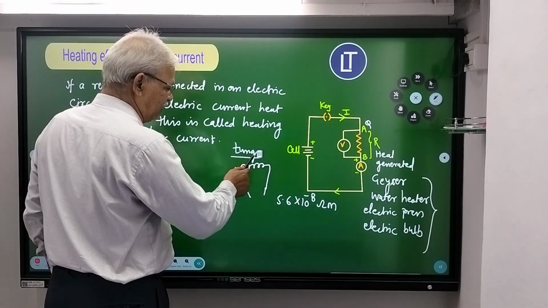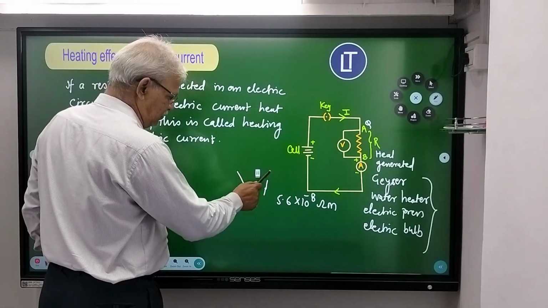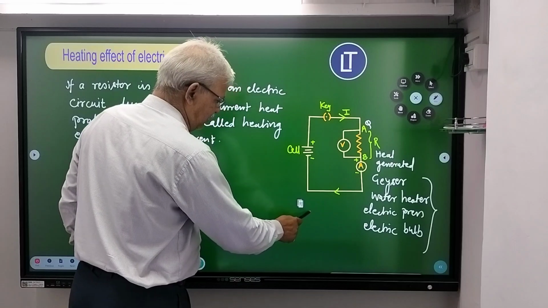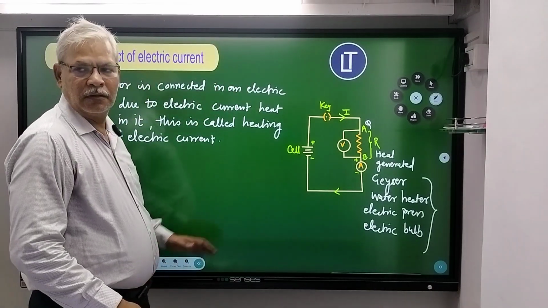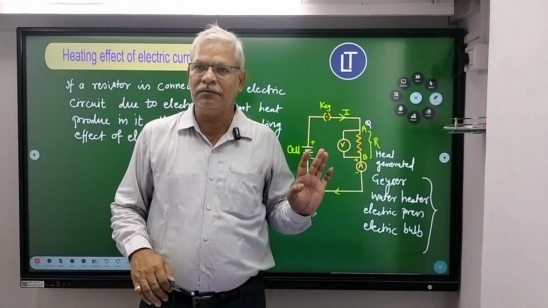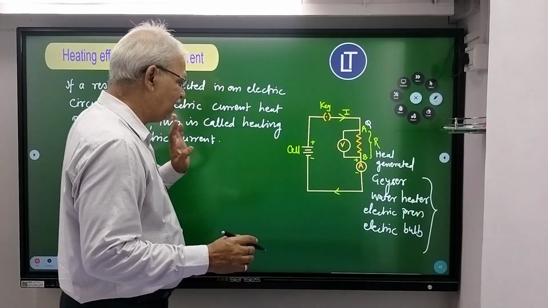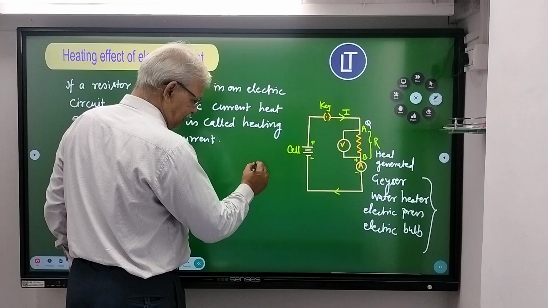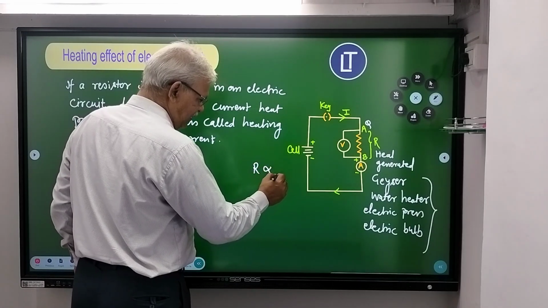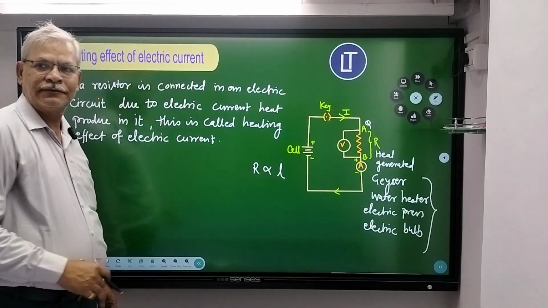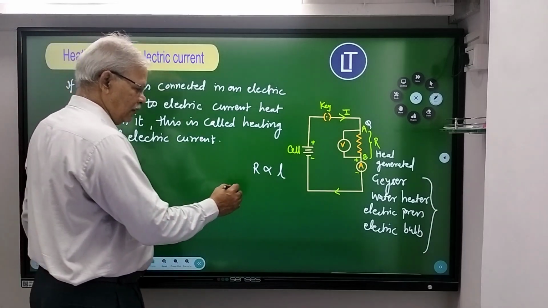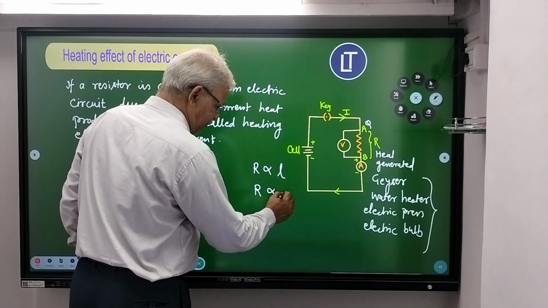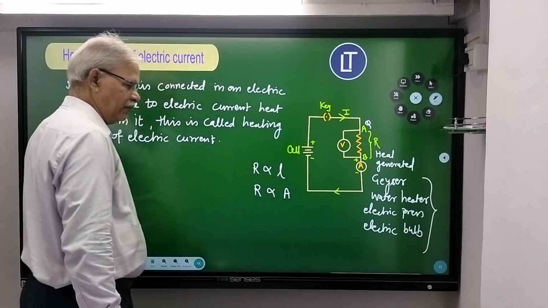Now see, I think you understood what a resistance is. Okay, it's clear now. In ninth you have learned that resistance R is directly proportional to the length, and R is inversely proportional to the area of cross section.